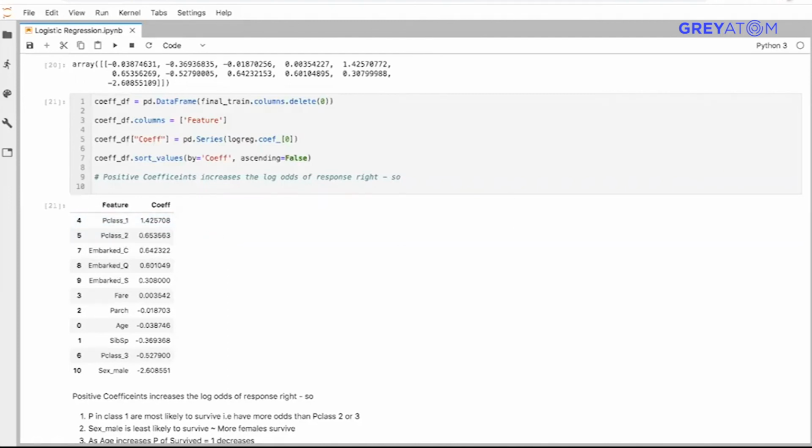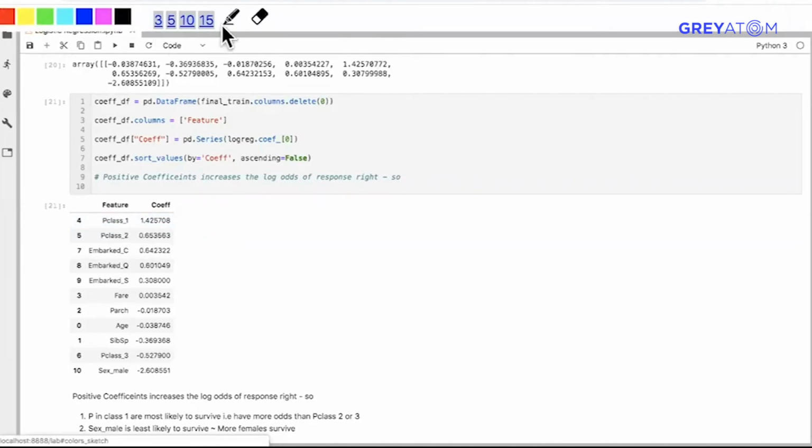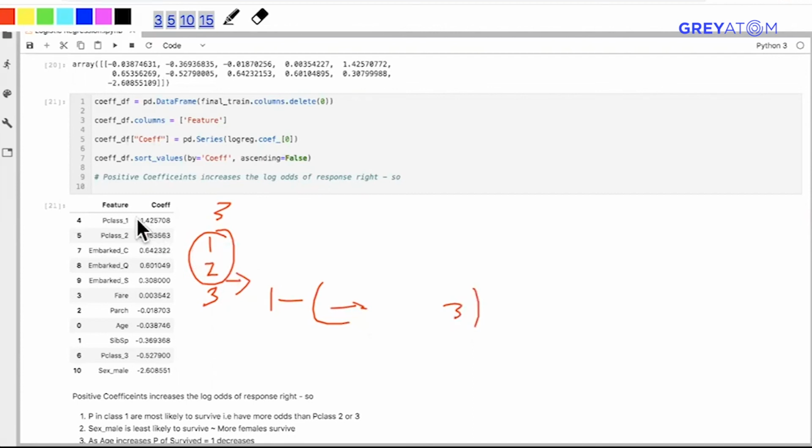If I have 3 classes, like P class 1, P class 2, P class 3, my coefficient would only show up for class 1 and 2. And I have to do 1 minus the coefficients of class 1 and 2 to get the coefficient of the third class. But if we do one-hot encoding, we can see coefficients for each and every class right here. We don't have to do this math. That's the only benefit of one-hot encoding. Sachin, did I answer your question?